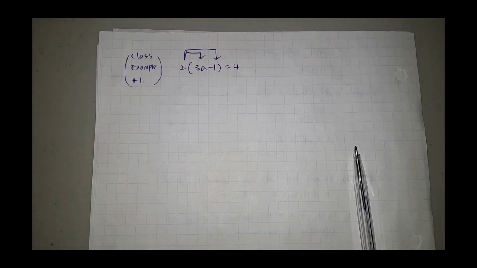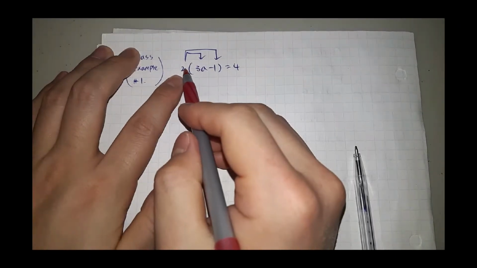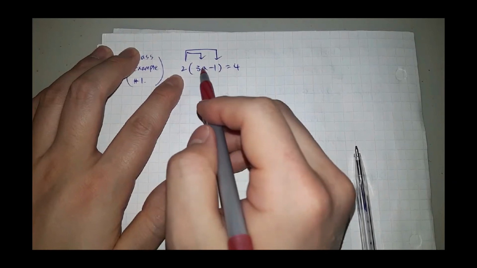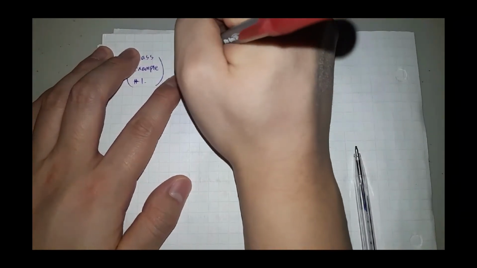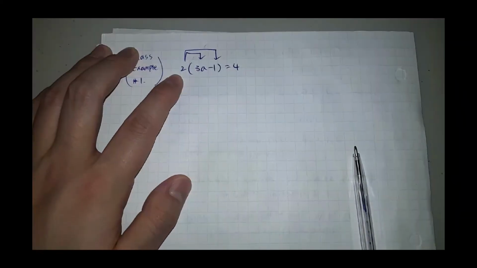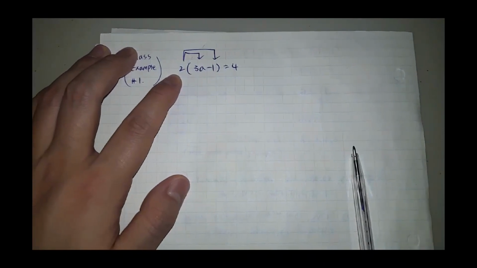The first part of the step, distribution, means we are multiplying what's outside to each of the components.